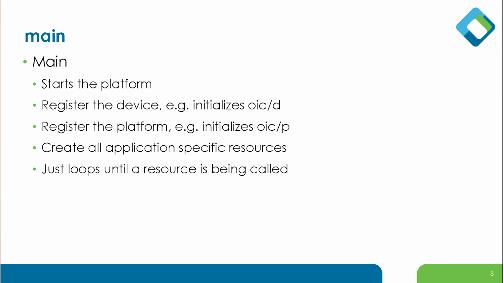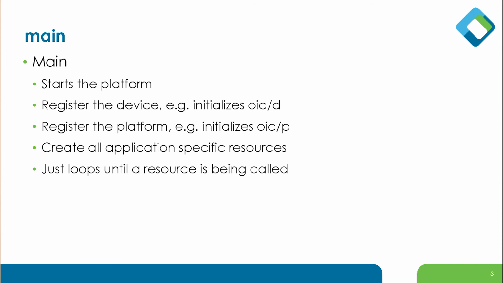The main starts the platform, it registers the device with OCF, it registers the platform with OCF, it creates all the platform specific resources, so it instantiates the classes, and then it just loops till you do Control-C or whatever.